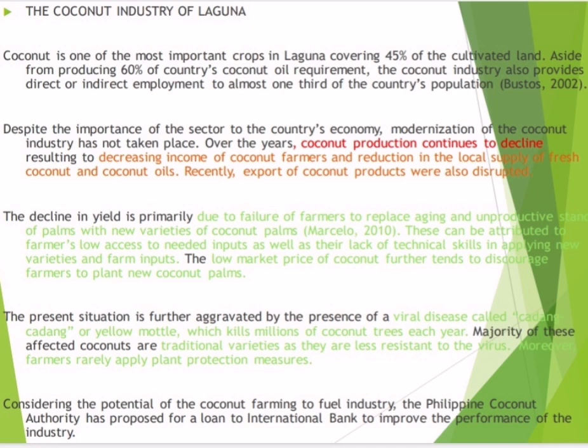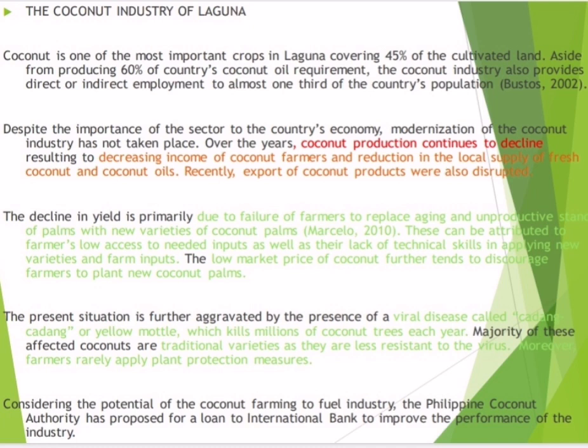That's why the researcher wanted to give importance to the modernization of the coconut industry: if farmers are able to have newer varieties of coconut palms, then possibly it could help them have better production of coconut.